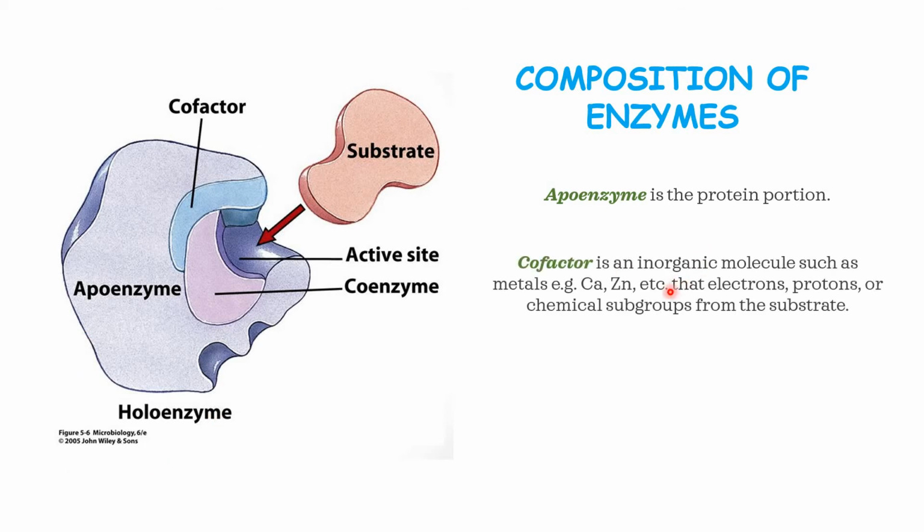Itong cofactor na to, it is an inorganic molecule such as metals, such as calcium, zinc, etc. It is going to remove electrons, protons, or chemical subgroups from the substrates.